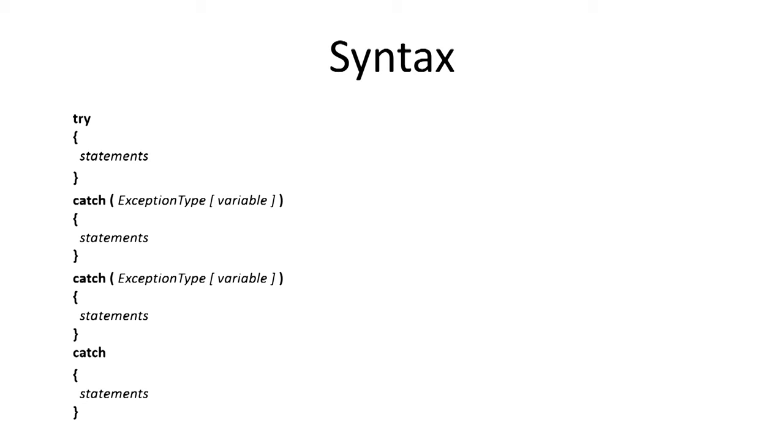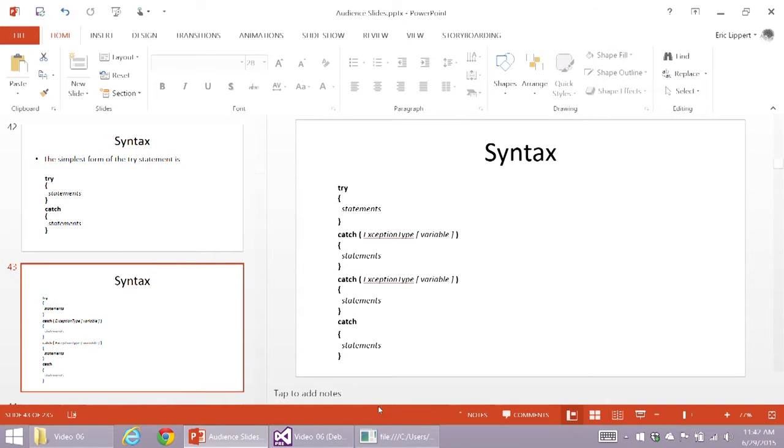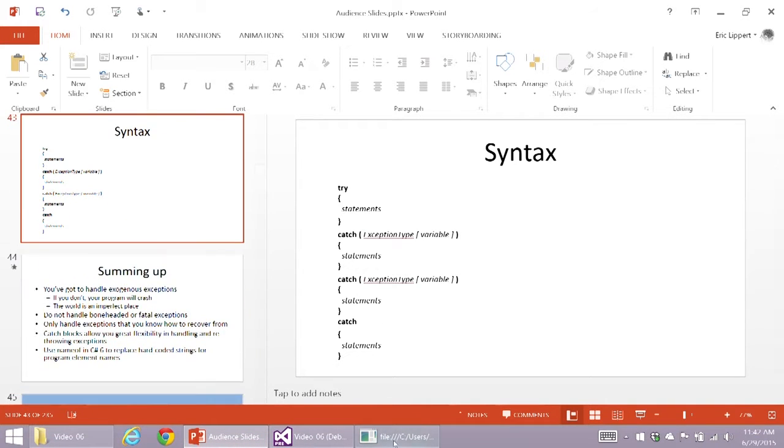And every catch can have in round parens the type of an exception that we would like to catch, and optionally a variable name if we want to interrogate the exception that's thrown. And then each of those catch blocks can have statements. And what happens is when the exception is thrown, the runtime determines a single catch block that is the best catch block to handle this exception. So let's take a look at an example of that.